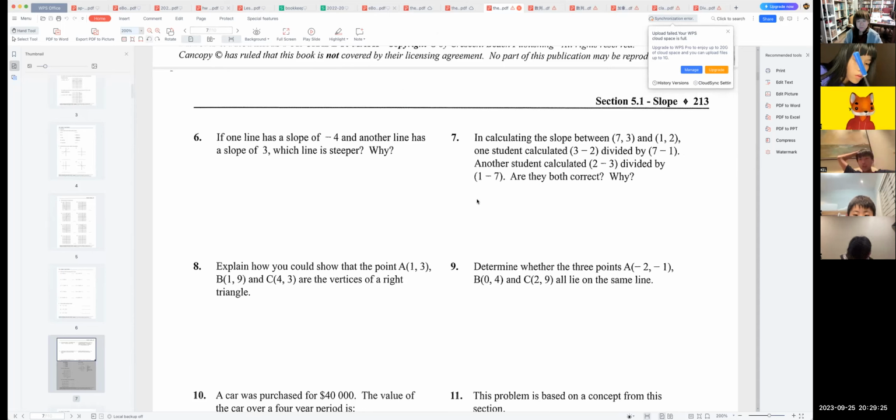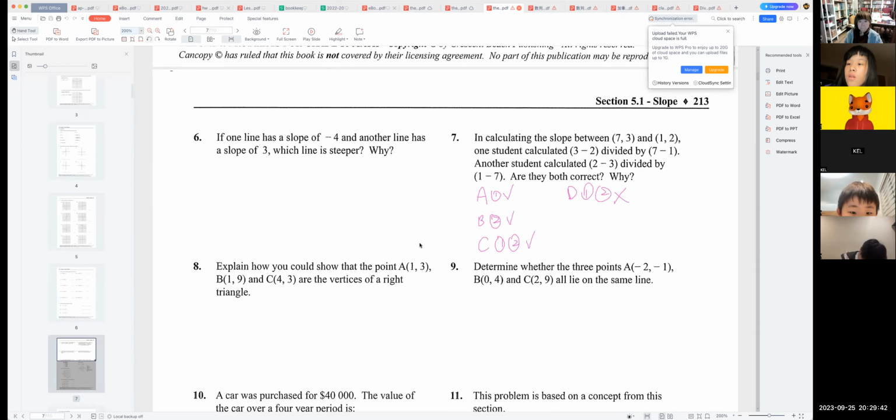Okay, let's do this. A 是第一个人对的，B 是第二个人对的，C 是1和2都对，然后 D 是1和2都不对。Where's the poll? 老师没有那个问卷。I can't see the question.